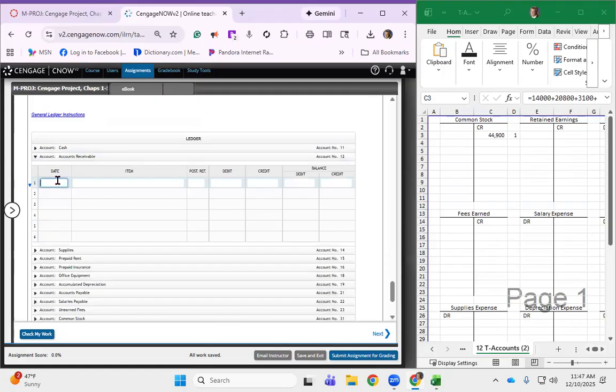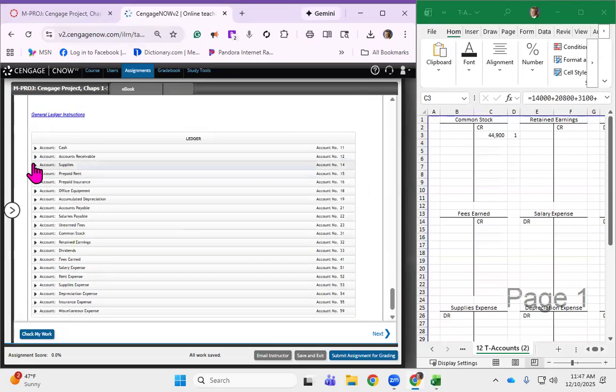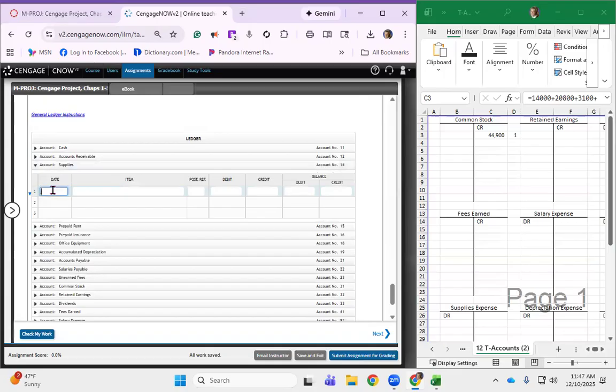Here comes our first entry to accounts receivable from the general journal, page 1, $20,800. That means the new balance in accounts receivable is $20,800. We're going to close that, go to supplies, put the date of July 1st, page 1 of the general journal. We're going to debit supplies for 3,100, which gives it a new balance.